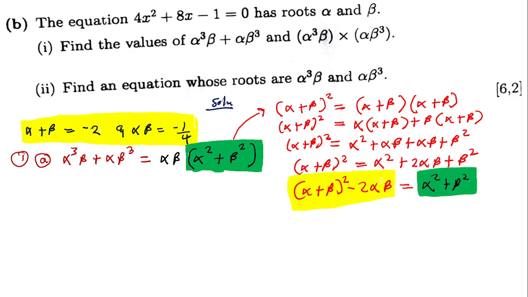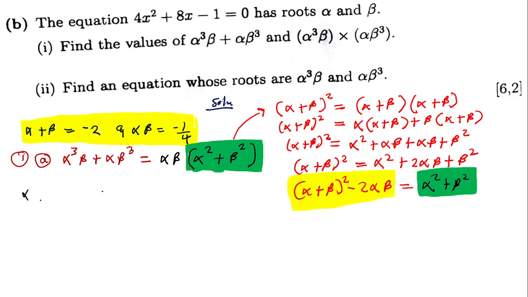So you are going to say alpha cubed beta plus alpha beta cubed is equal to alpha beta, you are going to put what we have there.